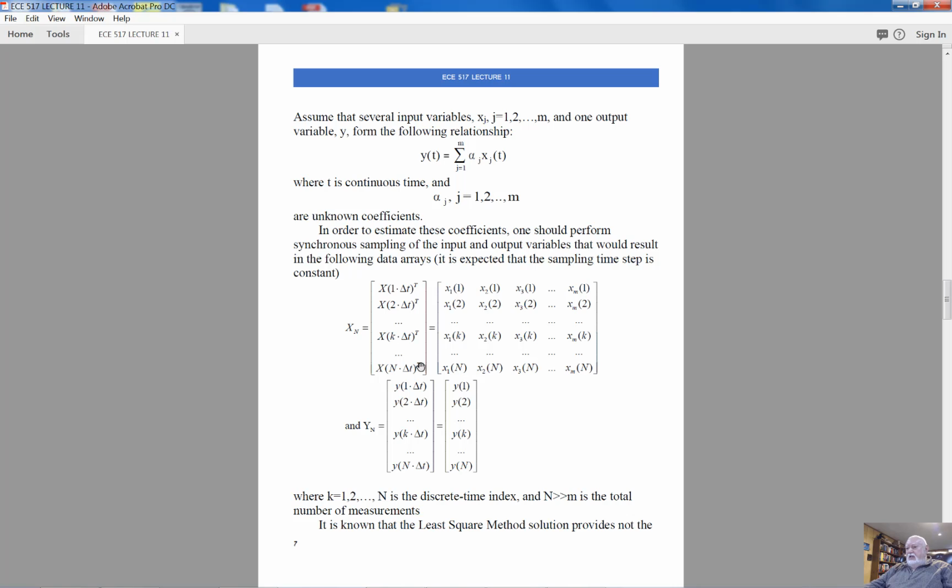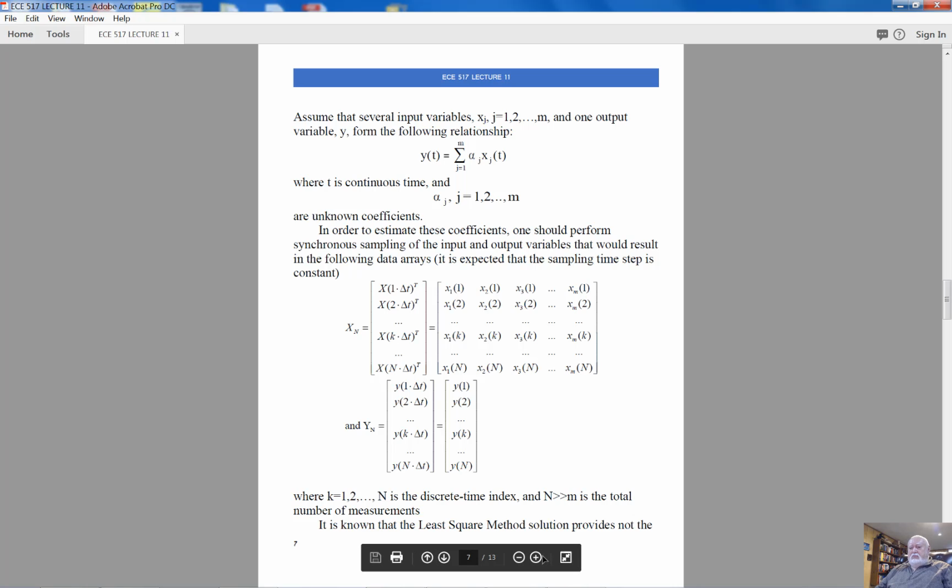Since delta t is the same, it doesn't make any sense to write it again and again, and I can conveniently call them y1, y2, yk, and so on. As I said, k is the discrete time index. N is much, much greater than M. M is the total number of inputs.